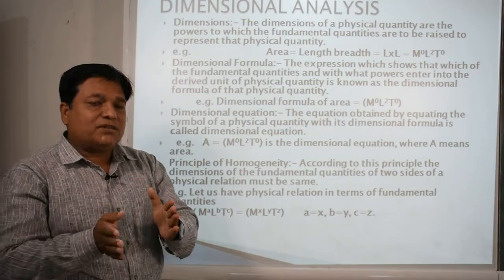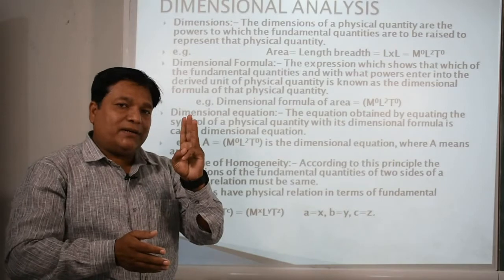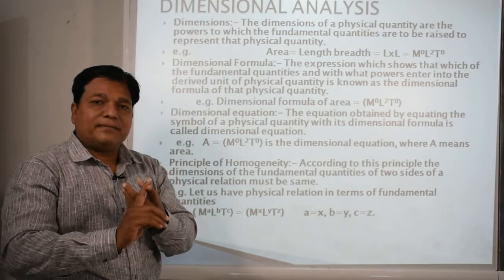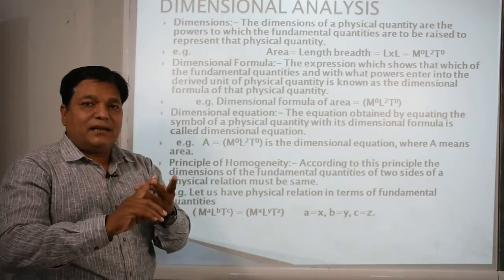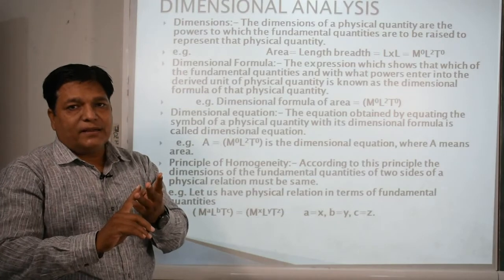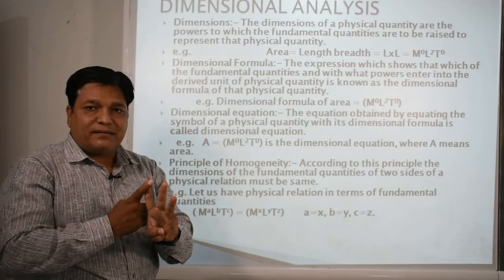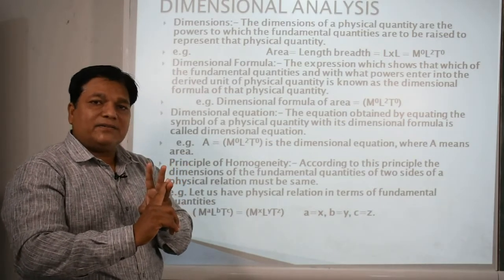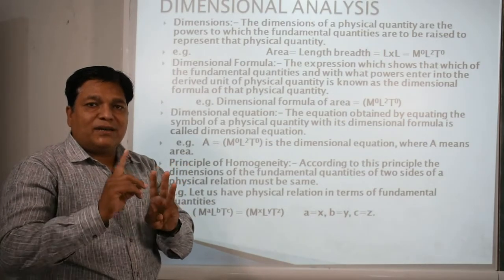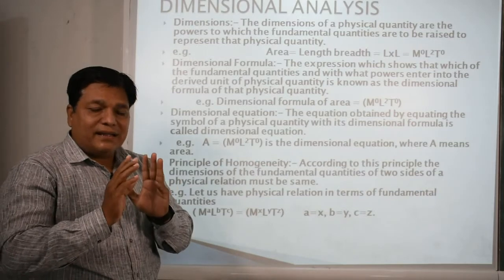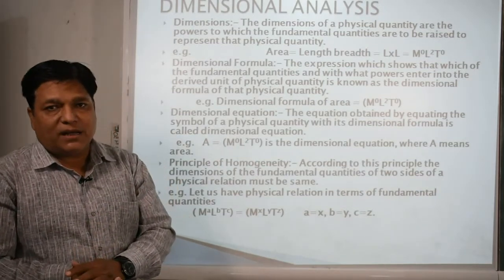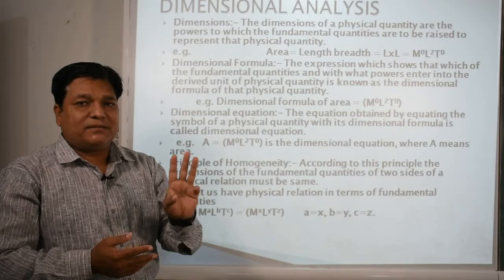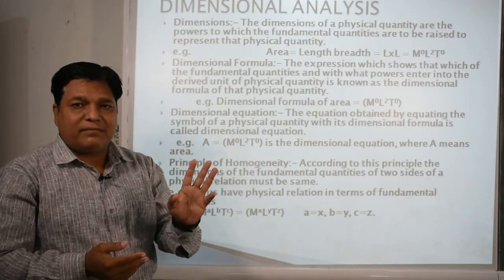In dimensional formula we consider 3 basic quantities. Number 1 is mass, number 2 is length, and number 3 is time. There is an absence of mass in the formula for area, and there is an absence of time in the formula for area. So we use only L to the power 2, but in writing the dimensional formula we denote all 3 terms, mass, length and time.